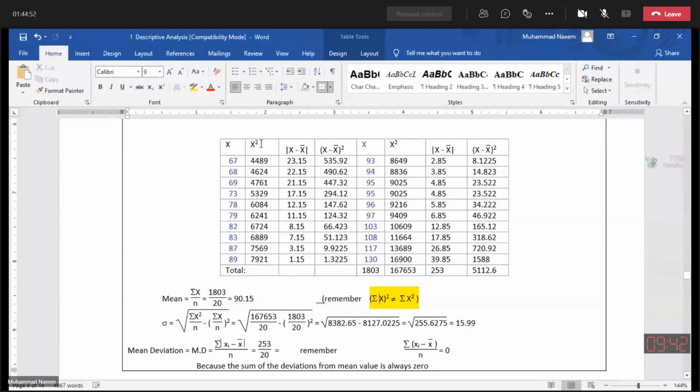Students don't construct this second column. They just square the sum of sigma x. But sigma x whole square is not equal to sigma x square. Remember this situation. You have to construct a column of x square separately.